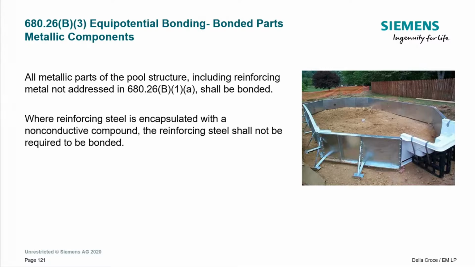So when they're bolted together, no different than structural steel in a building, all the framing of the building is bolted together, right? Same concept. Everything is bolted together here. But a key takeaway is that this is metal and this is within 5 feet.